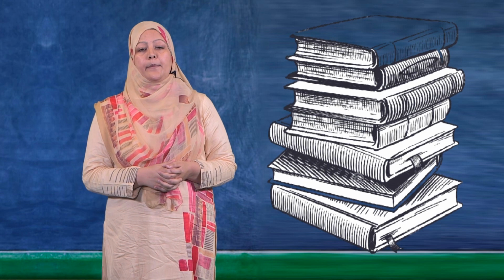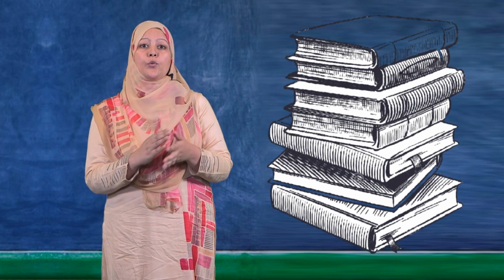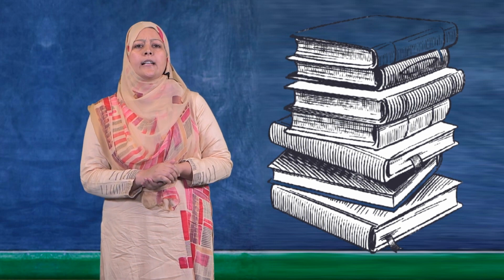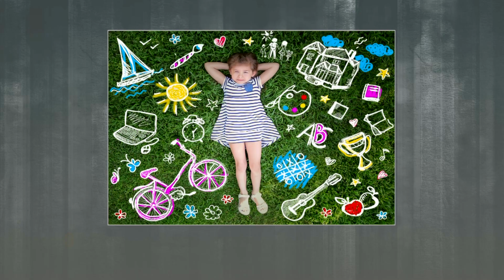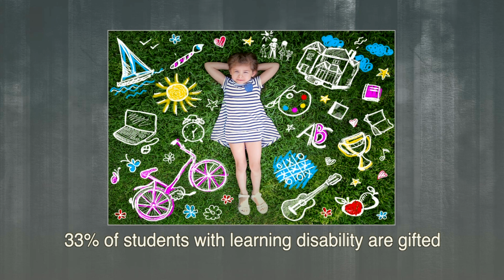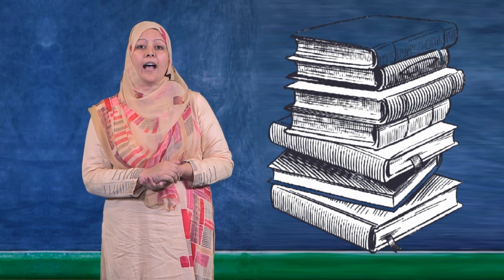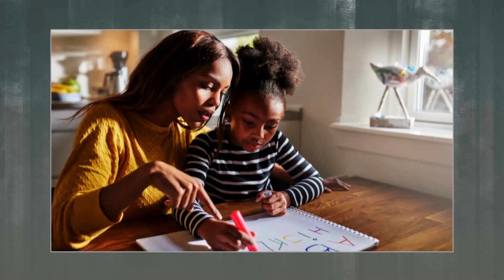People with learning disability have average to above average intelligence. In fact, studies indicate that as many as 33% of the students with learning disabilities are gifted. With proper recognition, intervention, and lots of hard work, children and adults with learning disabilities can learn and succeed.